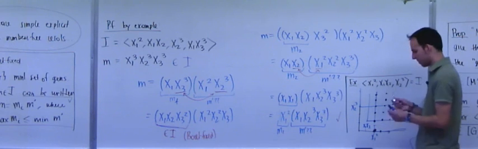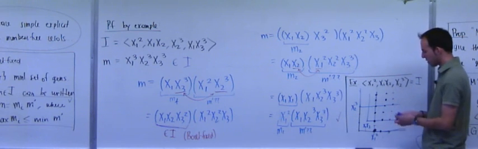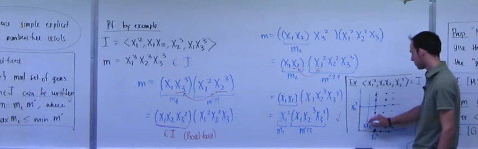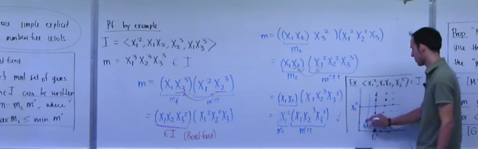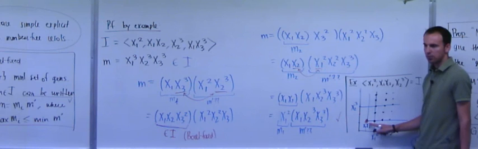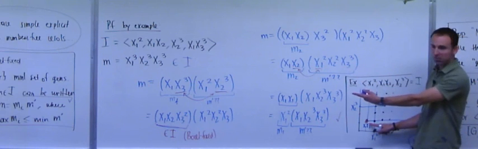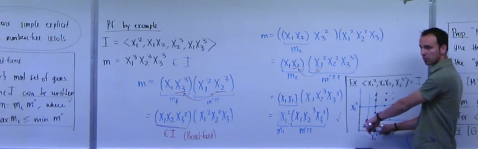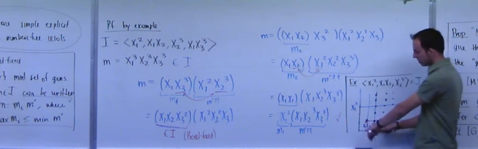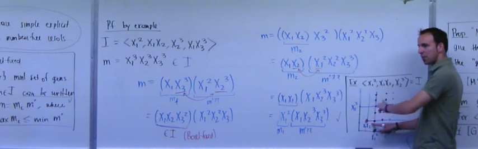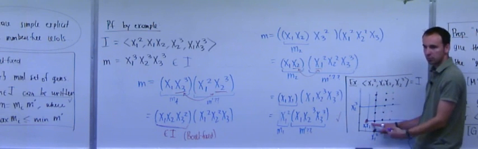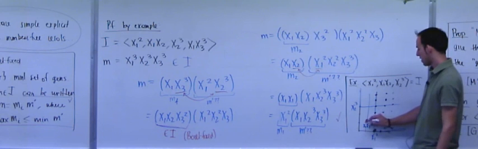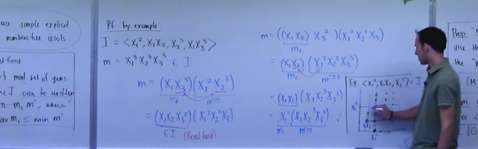Okay, they correspond to x1 squared. What are the monomials that correspond to x1 x2? Well, if my mi is x1 x2, then my m prime cannot use x1, right? Because mi uses x1, so that means that m prime can only be a power of x2, which means that I can only take this guy and multiply it by powers of x2.